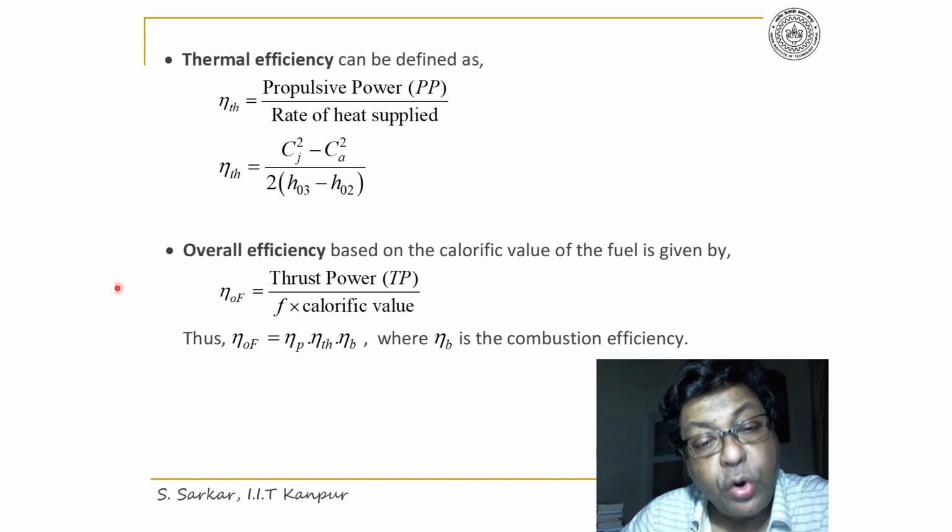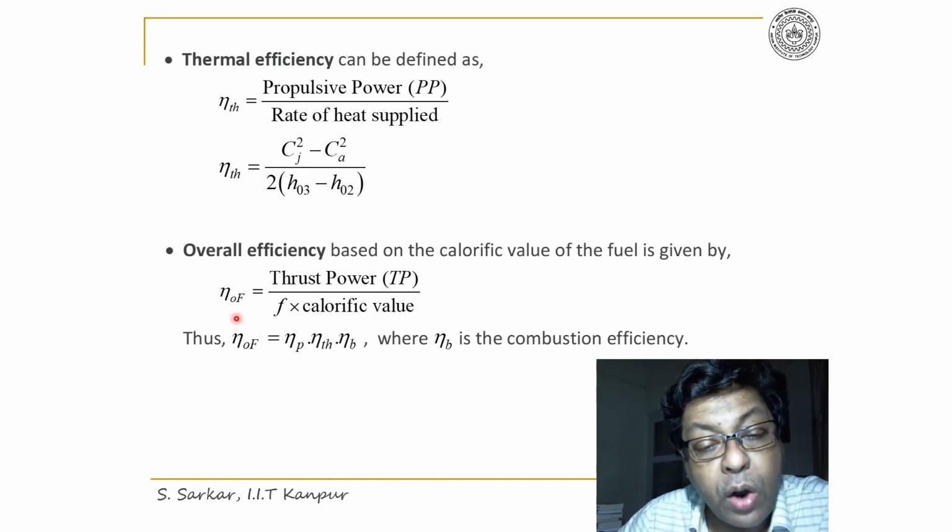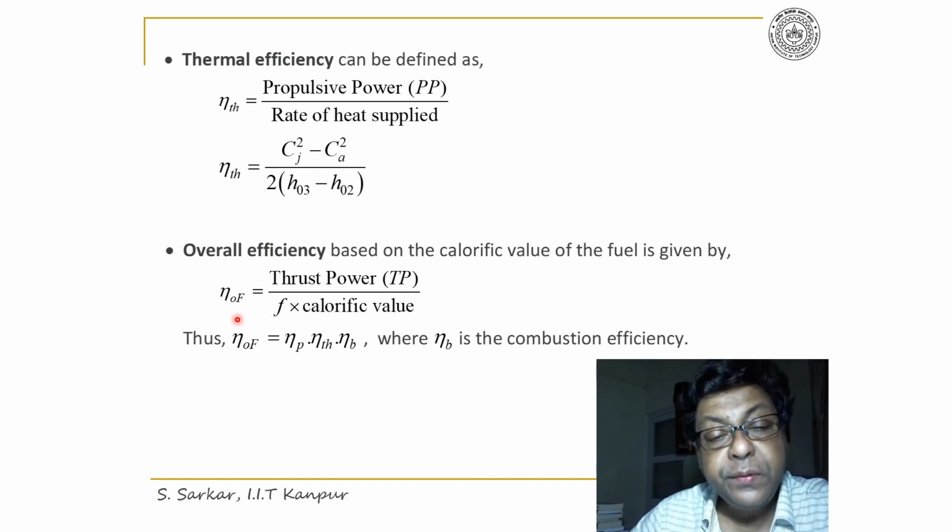Now, the overall efficiency based on the calorific value of the fuel can be assessed as eta OF is equal to thrust power divided by fuel-air ratio into calorific value of the fuel.